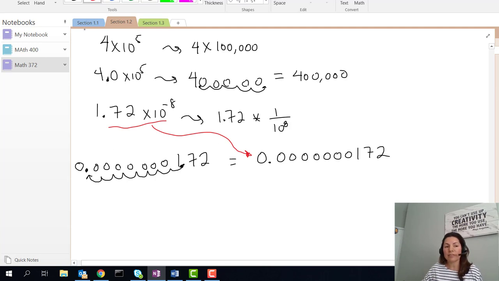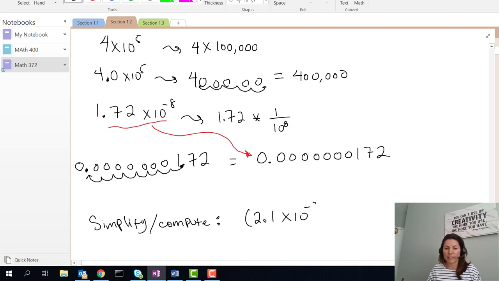And the properties of exponents still apply for scientific notation. So for example, if I ask you to simplify, or sometimes you might be asked to compute, 2.1 times 10 to the minus 3, say, times 0.291 times 10 to the 12. So in this case, you treat the number part together.